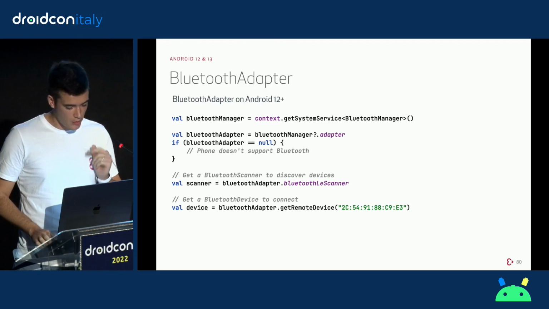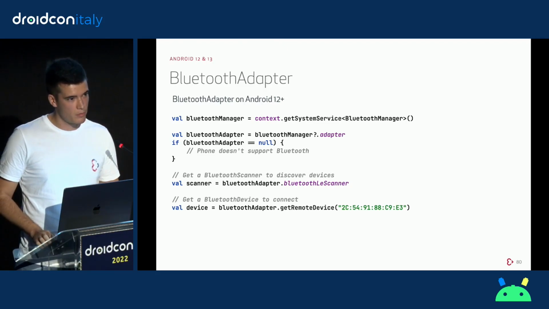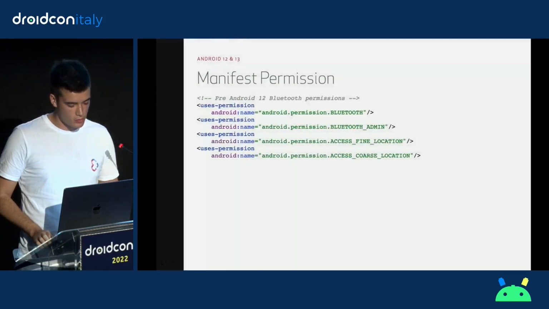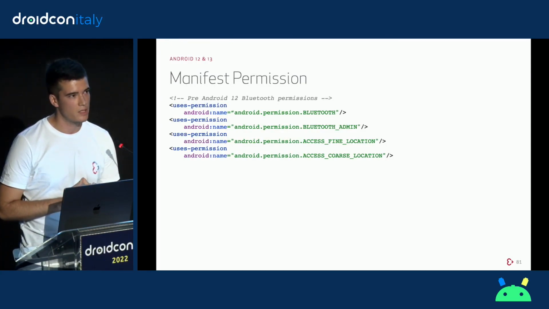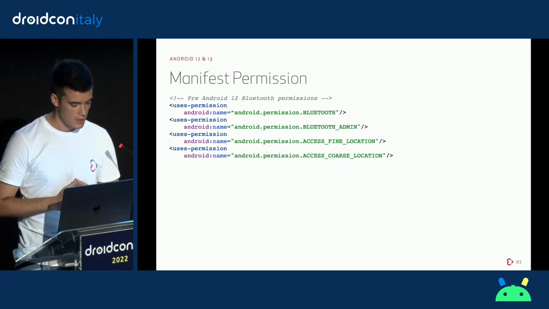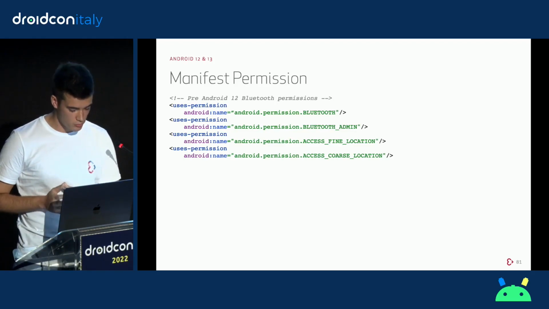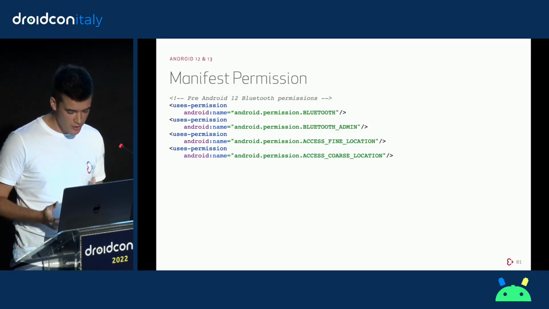Of course, we mentioned also permissions, and it's worth saying that Google changed quite a bit the permissions that you need to ask for to access Bluetooth. Before Android 12, you basically needed to declare this set of permissions. So you had the Bluetooth permission for communication, requesting connection, and stuff like that.